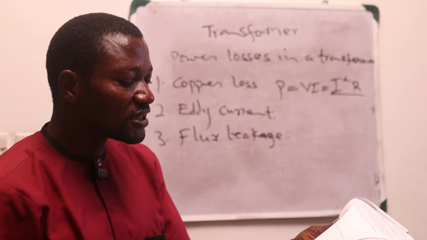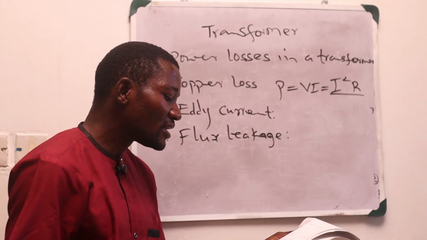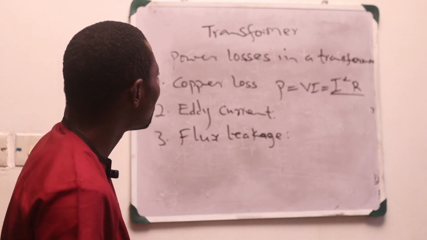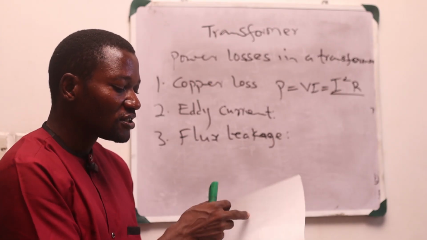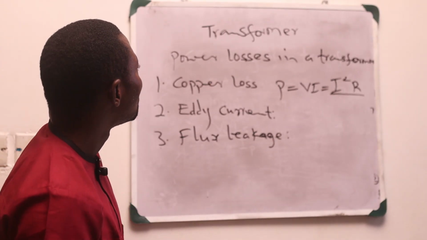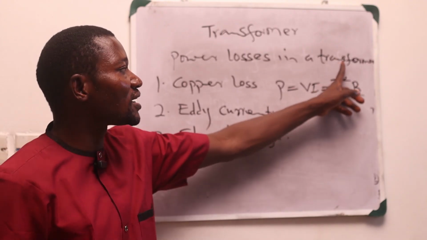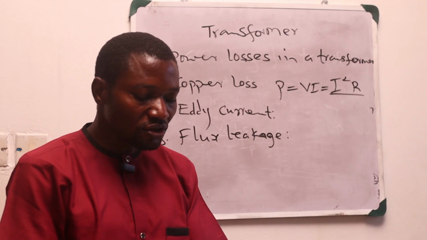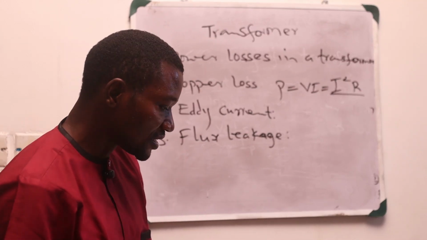And this flux linkage can be reduced by laminating the air gap in the core of the transformer. So these are the three ways in which power is lost in the transformer. And by this, the efficiency of a transformer is not 100%.